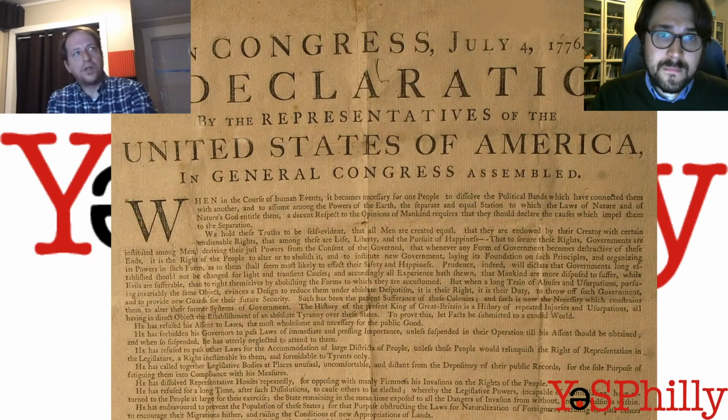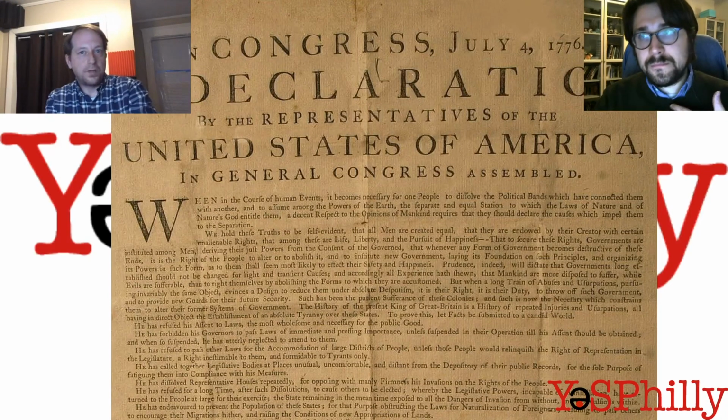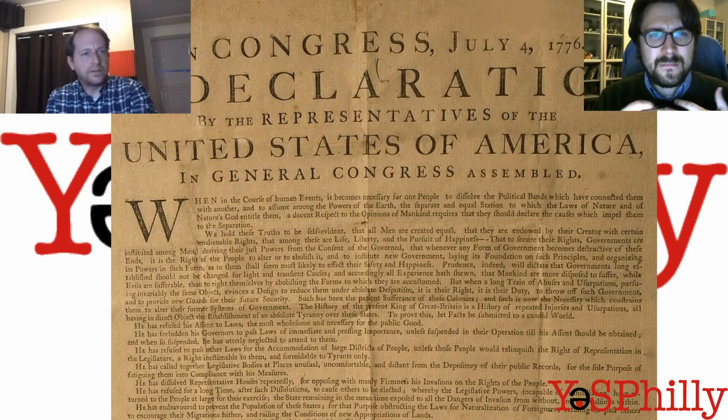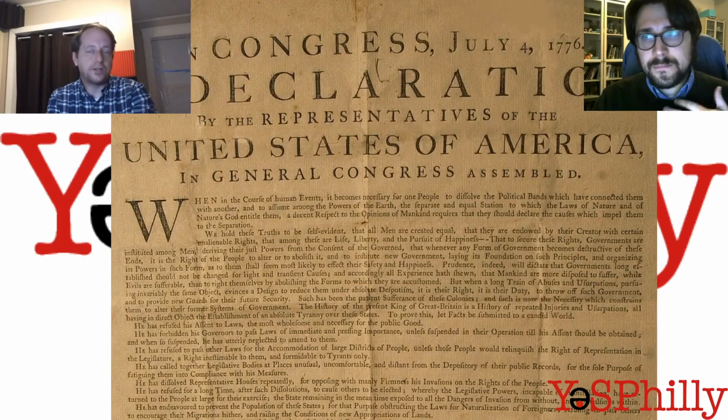How is it possible that a society that is in many ways built on the backs of the institution of slavery would have this revolution based on a rhetoric of liberty, right? How are we supposed to understand that contradiction?